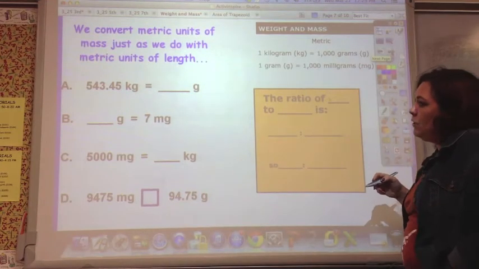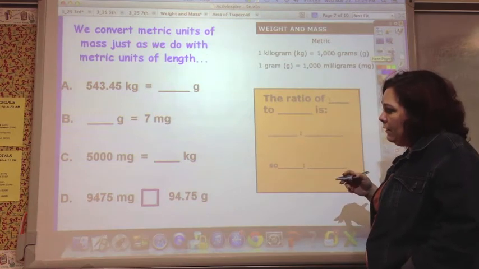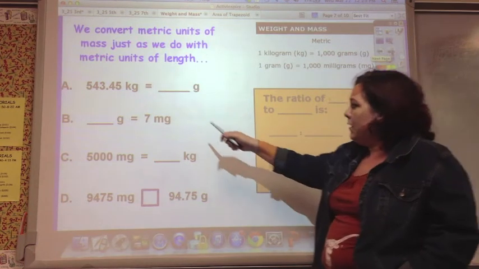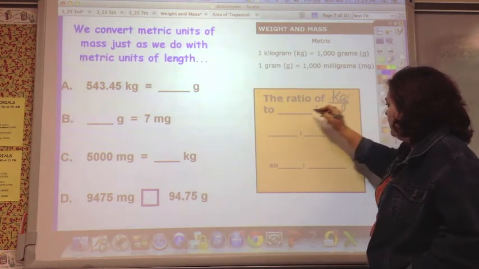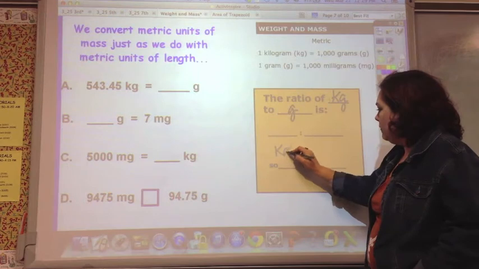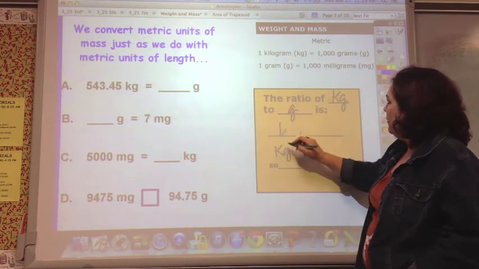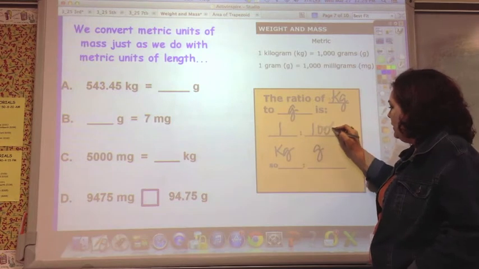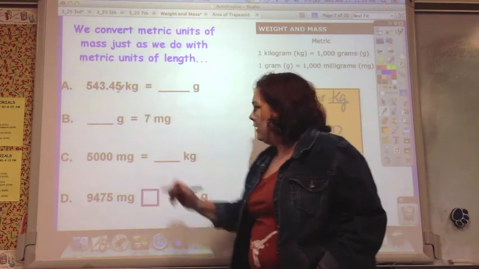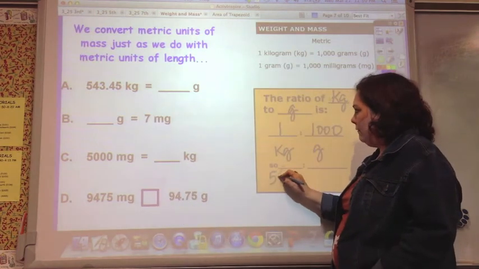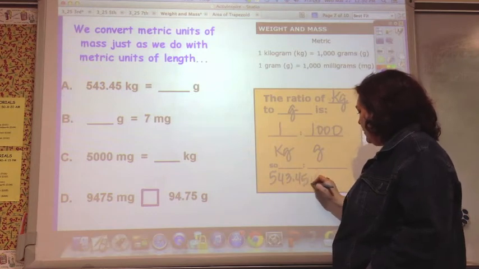We convert metric units of mass just the way we do with metric units of length. In this one, I'm comparing kilograms to grams. My conversion is 1 kilogram to 1,000 grams, and I've got 543.45 kilograms.